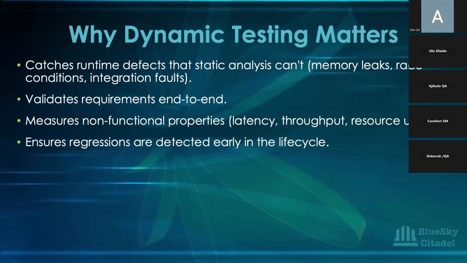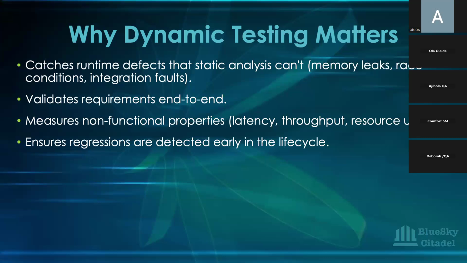If we don't run it, if we don't execute it, we won't notice that maybe the user details are not properly being sent by the auth. If you look at it in the documentation or in the code base, you think that everything is working as expected. So this is another reason why dynamic testing is really important.